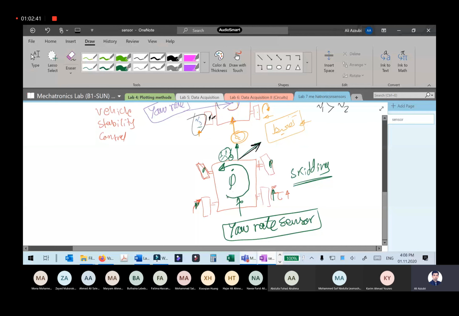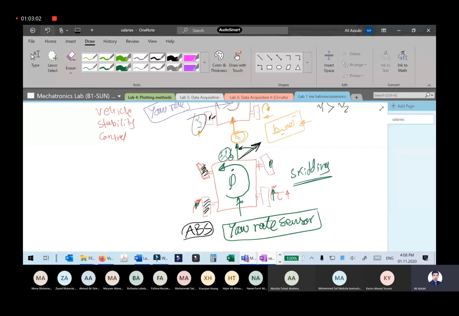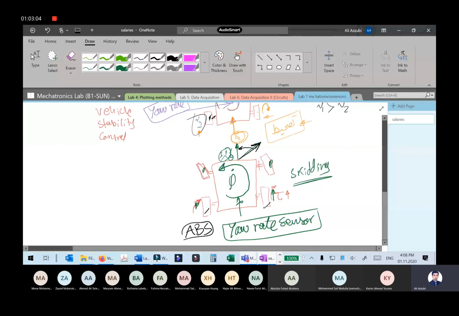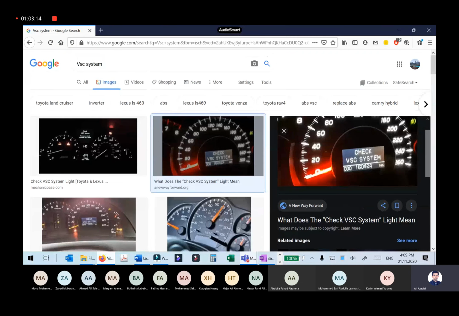So the stability system will ensure that the direction of the car is as close as possible to the steering angle by applying some ABS brake signal to a specific wheel. If you brake these, the car will actually move in the opposite direction, so basically the car will try to move the opposite direction like this. Okay. All right.